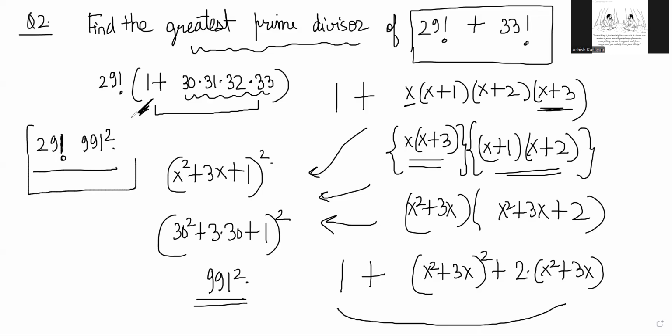Now all we need to figure out is what is the greatest prime divisor of this, right? For 29 factorial, the greatest prime number that will divide it is 29. Now we need to figure out what is 991. Is it prime, or does it have bigger prime divisors and all?